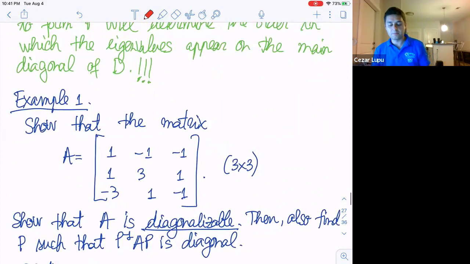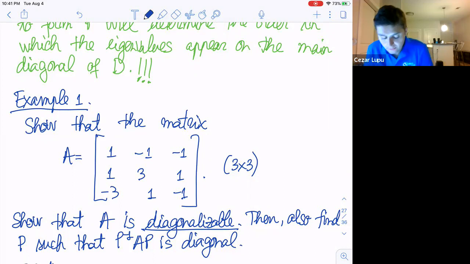Let's look at this problem. Example number 1. In this, we want to see how we diagonalize a matrix. But before we see how to diagonalize a matrix, let's show that the matrix A is indeed diagonalizable. Well, the matrix A is a 3 by 3 matrix. On the first row, we have 1, negative 1, negative 1.